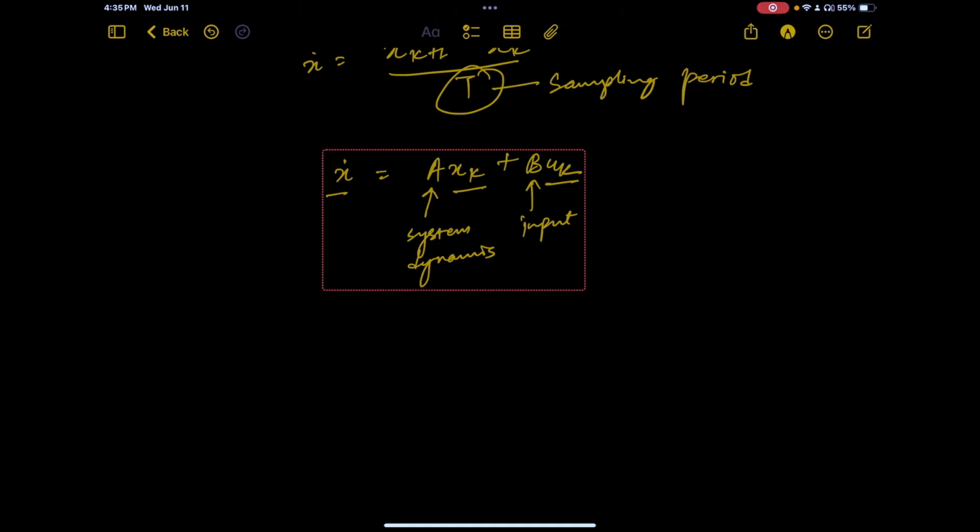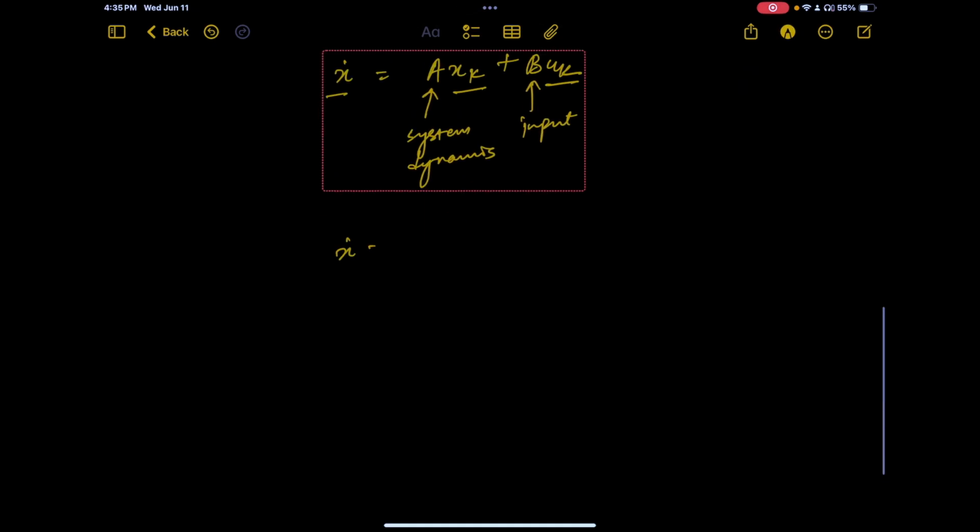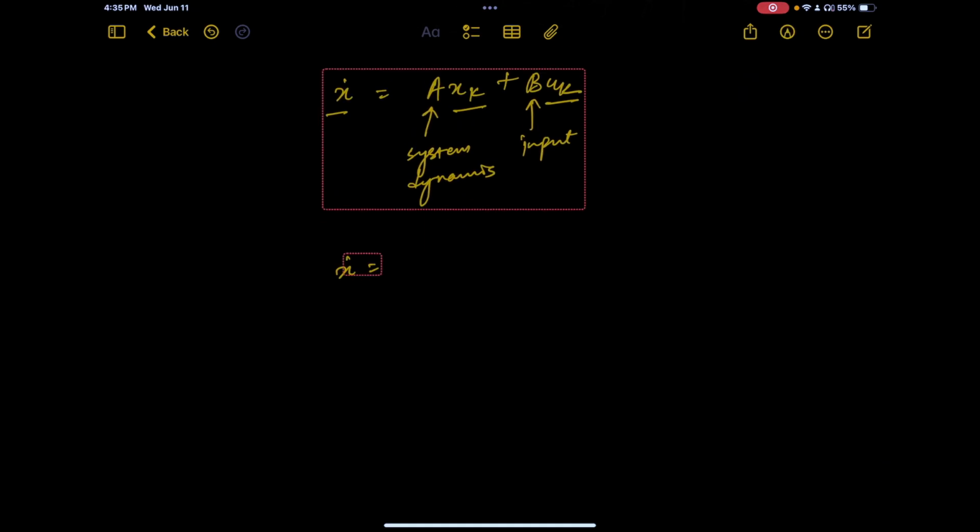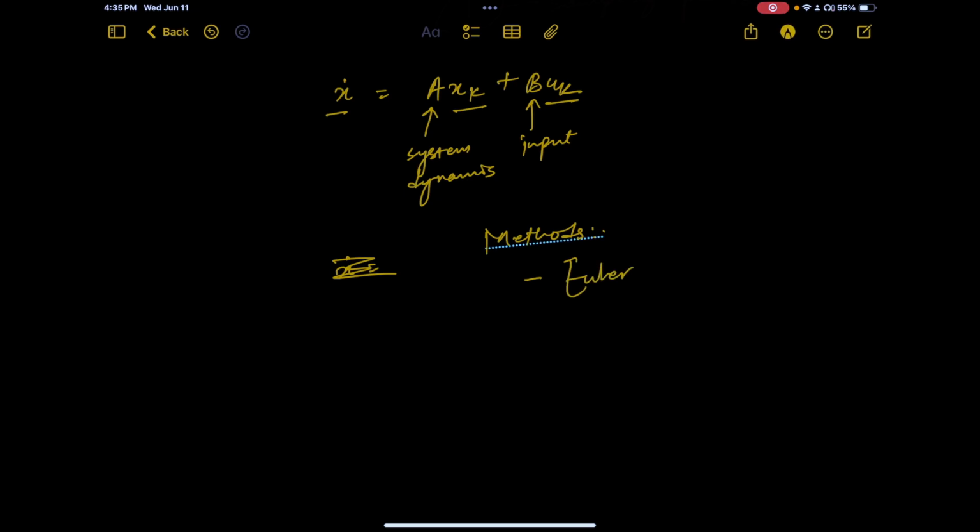From here, you can discretize A and B using methods like the Euler approximation method, or you can discretize using Newton's method.